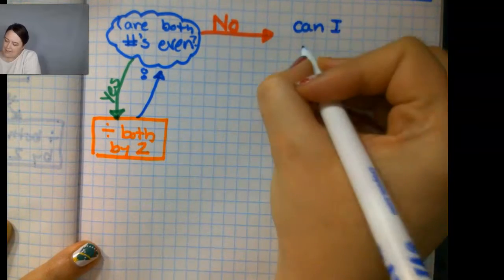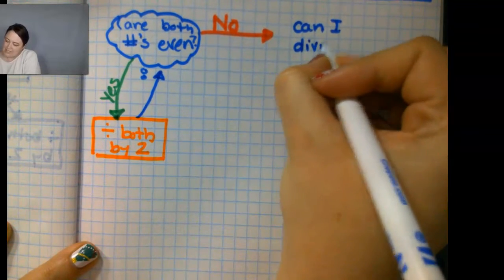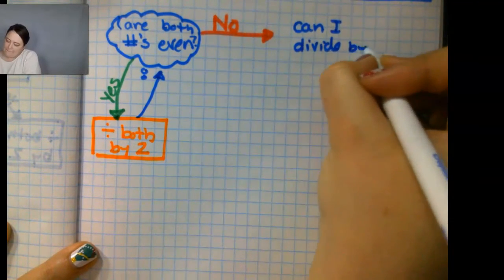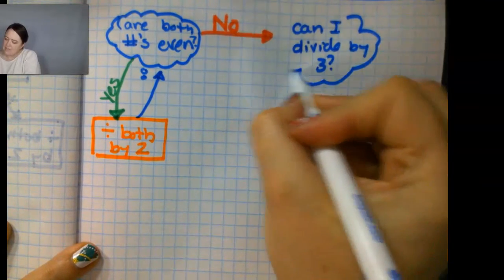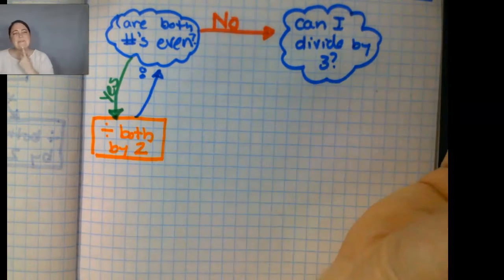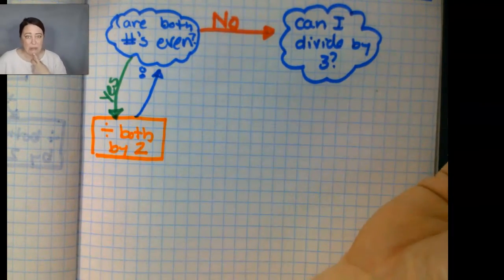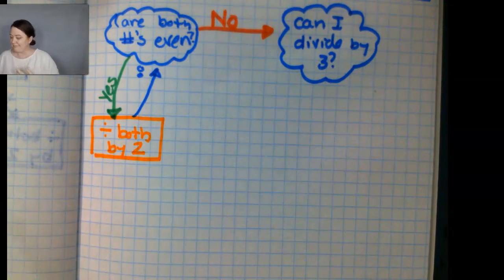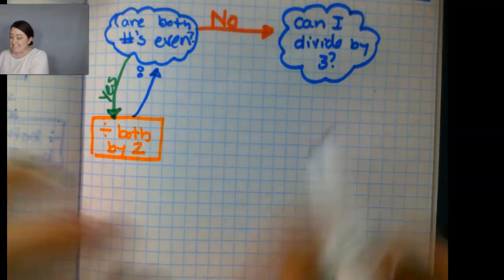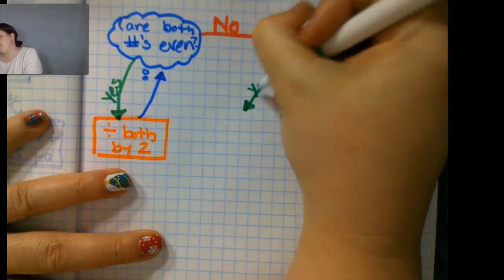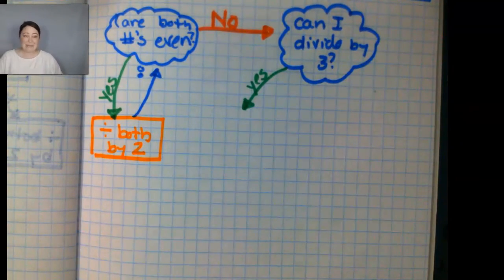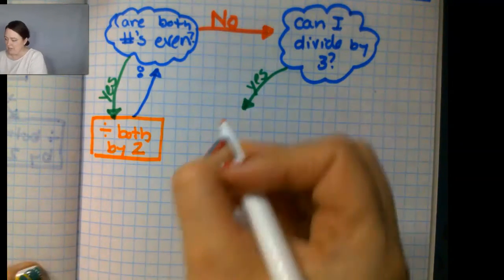Can I divide by 3? And I'm going to think that to myself. Can both numbers be divided by 3? If yes, guess what?